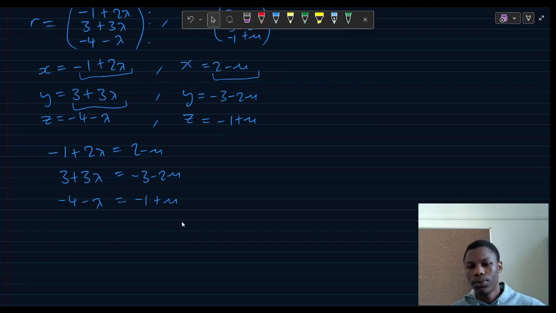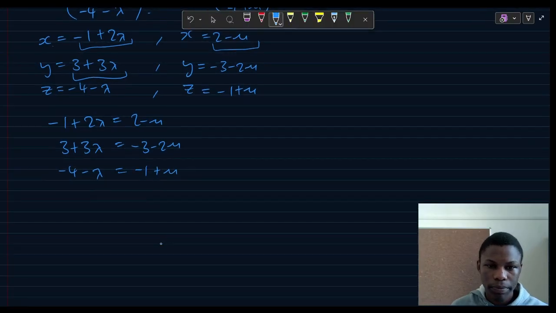And so if these two lines intersect, then all three of these equations must hold. So we can use two of the equations to find lambda and mu. And if we substitute lambda and mu into the third equation, and both sides of the equations are equal, then they intersect. However, if the sides are not equal, then they do not intersect.